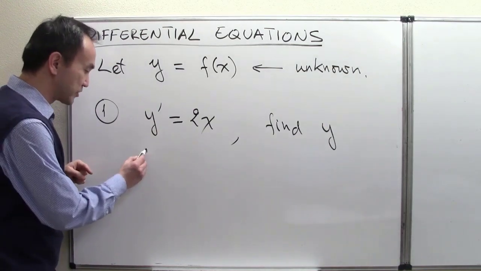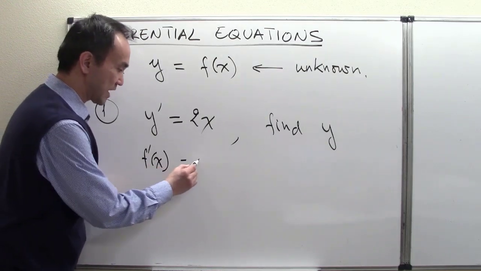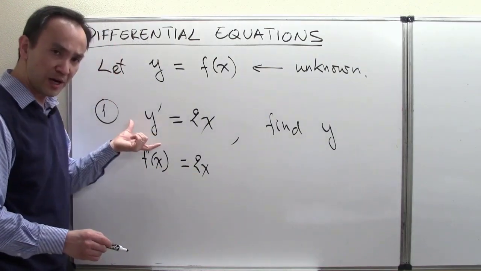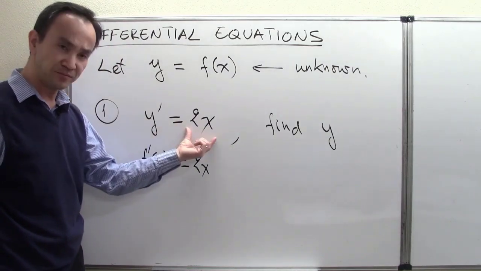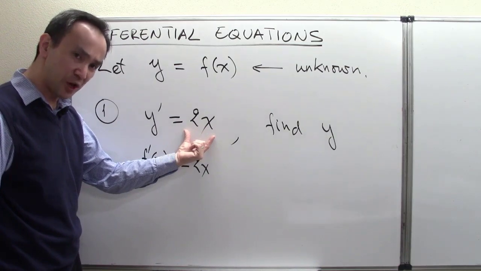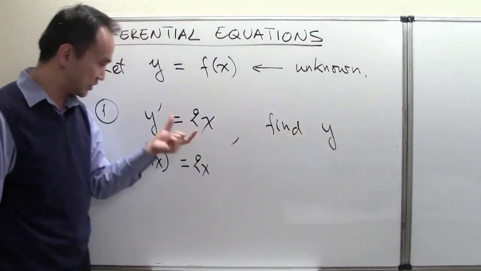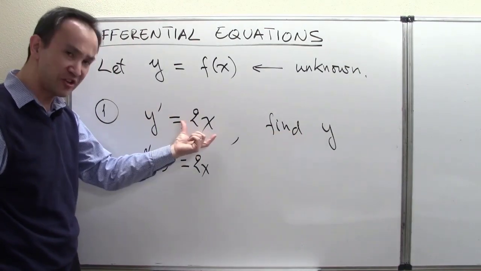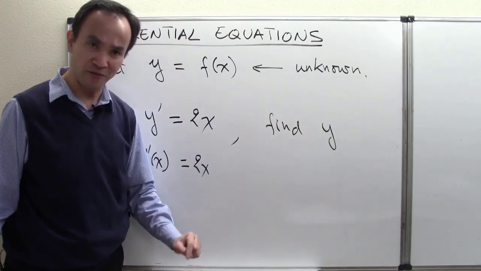This is another way of writing the derivative of f. F prime equals 2x. So y prime, the derivative of f, is explicitly written as 2x. The derivative is known, but the function is unknown. I want to emphasize that the derivative is known or has some relationship as an equation, and y is unknown, and that's why we want to find y.